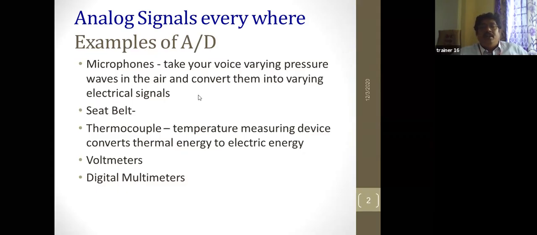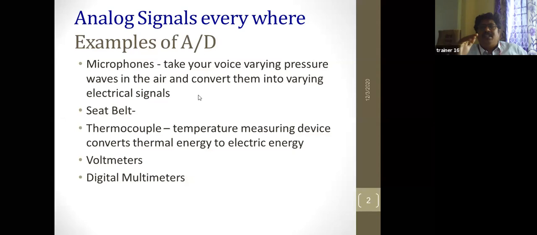So taking our voice as input, here I am talking, so the pitch is varying. Pitch is varying means automatically, word to word, the pitch is varying. So varying pressure waves in the air are converted into varying electrical signals.